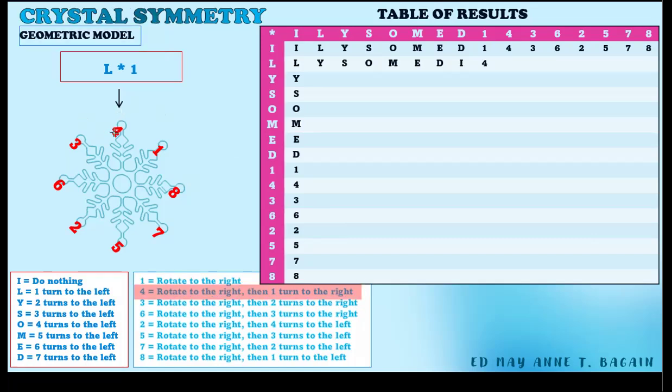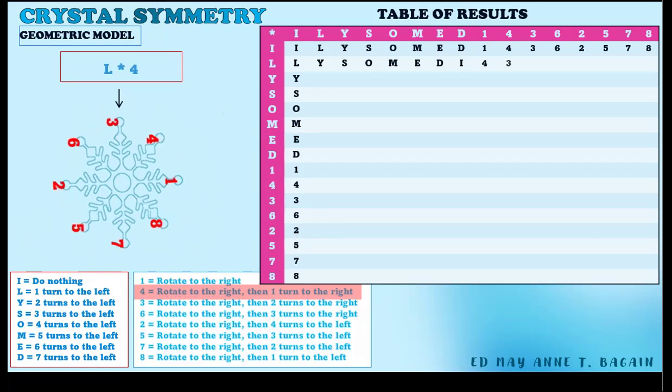So after rotating, we need to rotate it to the right, which is clockwise. Okay, so the answer would be, let's check, 3. Okay, because we rotated it to the right.